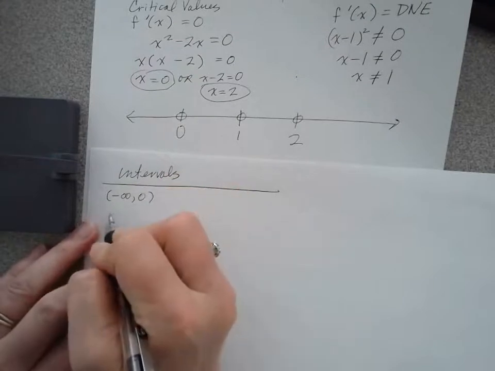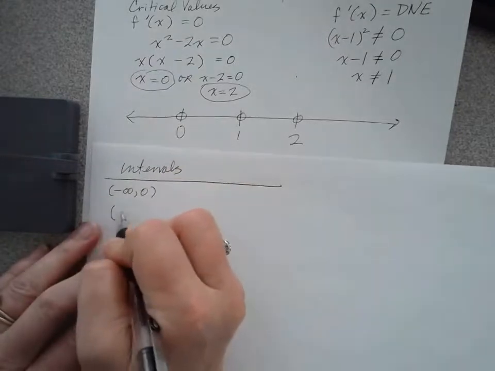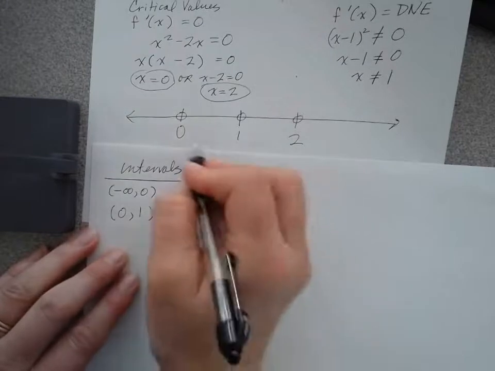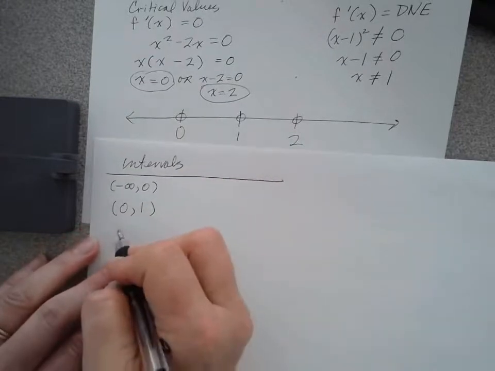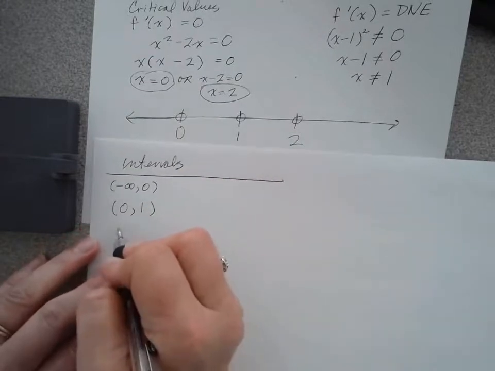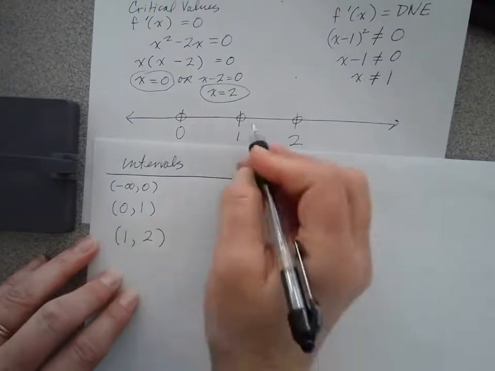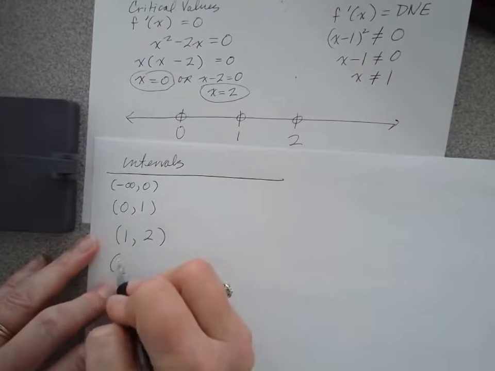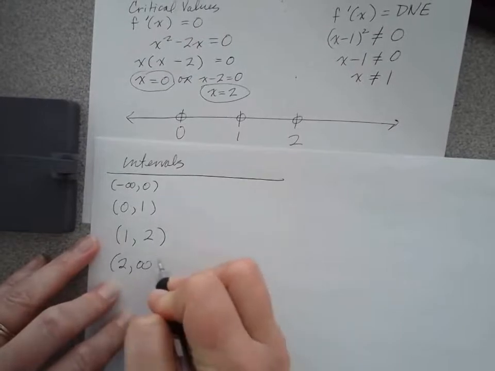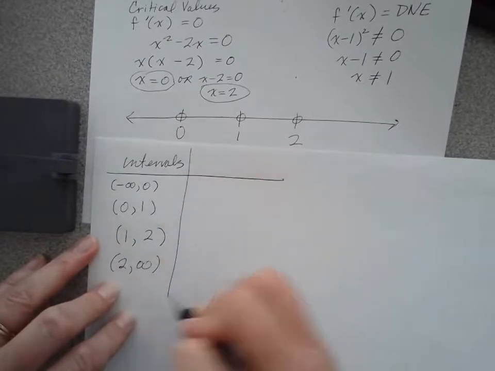The second interval is 0 to 1, and it doesn't include the endpoints. And the third interval is 1 to 2. And then the last interval, 2 to infinity. Okay, so we have 4 intervals.